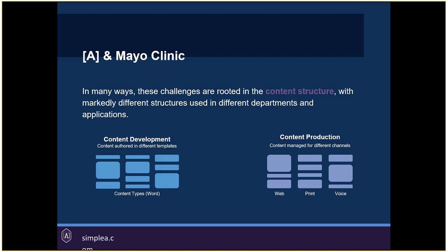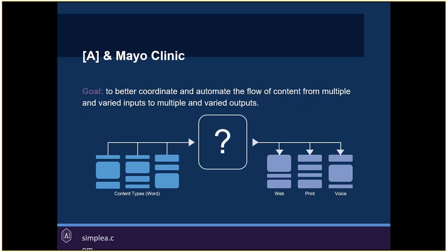Likewise, they didn't have a way of relating those pieces of content to their structural representations in other downstream applications in production. They didn't have a means of saying these pieces of content are represented in our web CMS in these ways. So the question becomes, how can we build those connections?